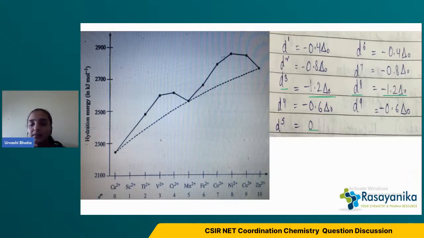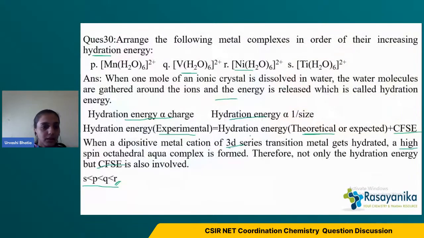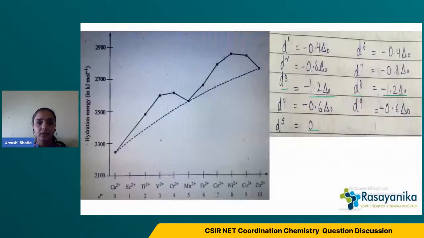So D3 is minus 1.2, which I've shown to you. Talking about this trend, titanium and manganese: titanium has lesser hydration energy than manganese, even though the CFSC of manganese is zero, because of the size.